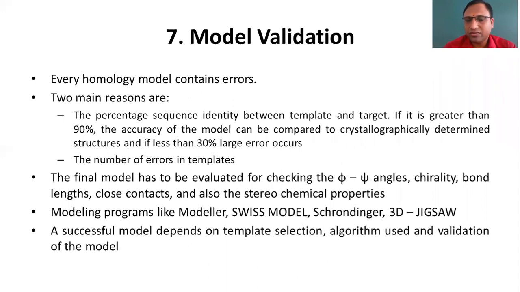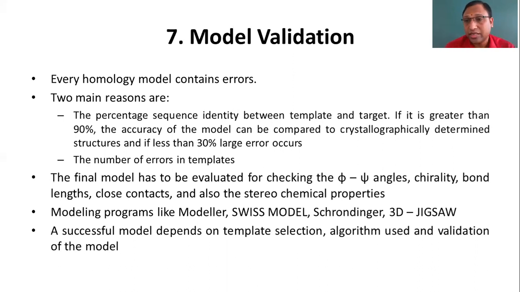The two main reasons are the percentage sequence identity between the template and the target. If it is greater than 90%, the accuracy of the model can be compared to crystallographically determined structures, and if less than 30%, large errors occur. So that is the difference.